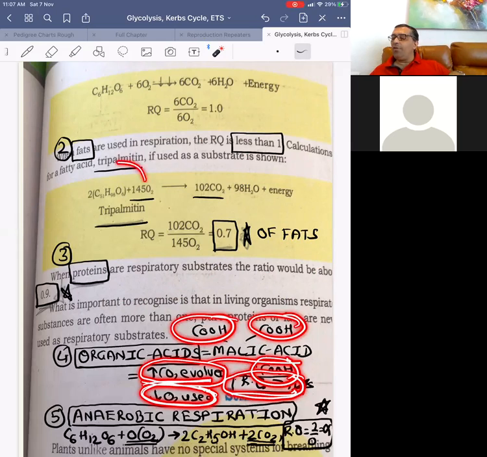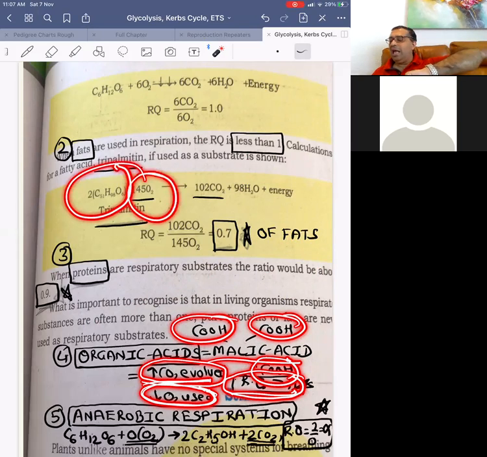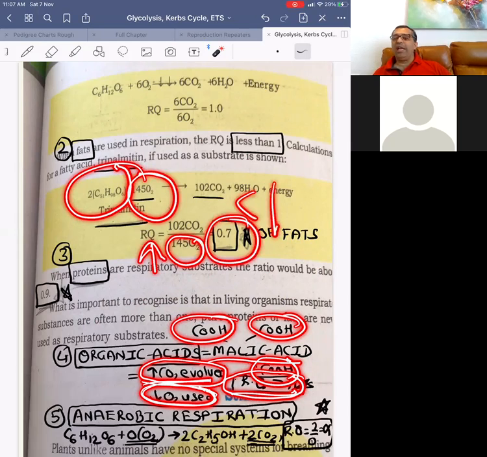Fats का क्या problem था? If you remember, fats में oxygen कम था, इसलिए external oxygen ज़्यादा use किया and oxygen was used more as a denominator, so RQ became less than 1. That is in fats and proteins.